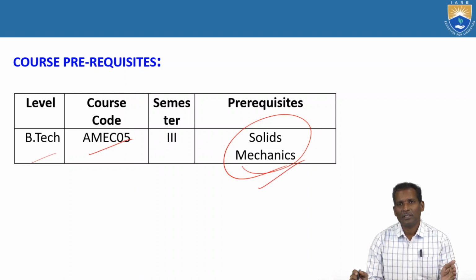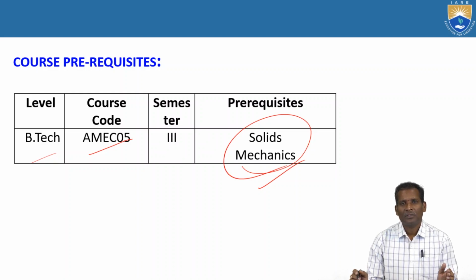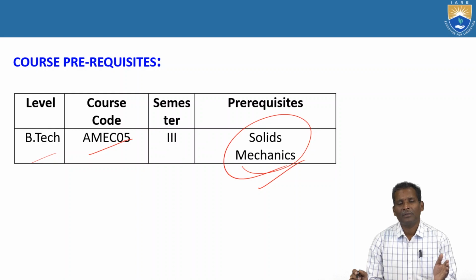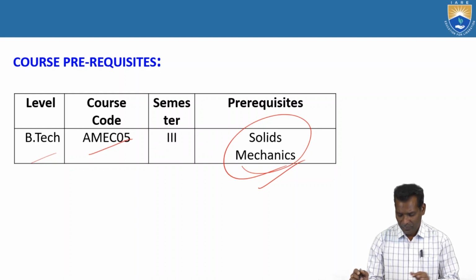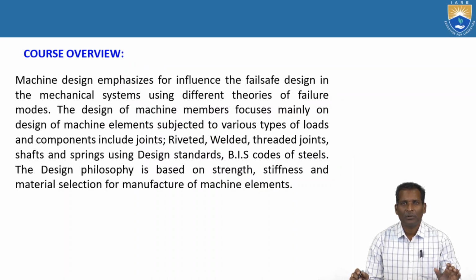Those stresses, torsion formulas, and bending formulas are applied in design of machine elements. Then only can you design a machine component. What the stress units are, what strain is, and the different types of strains, you should learn in solid mechanics.